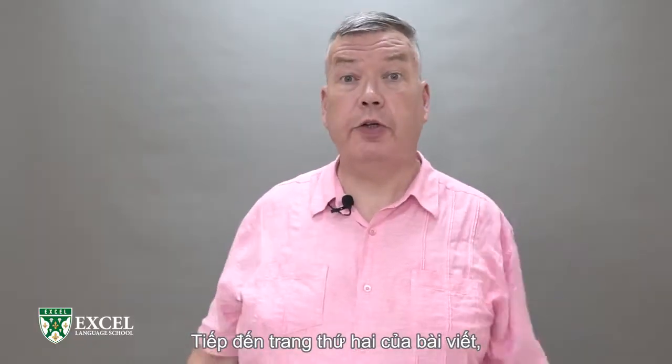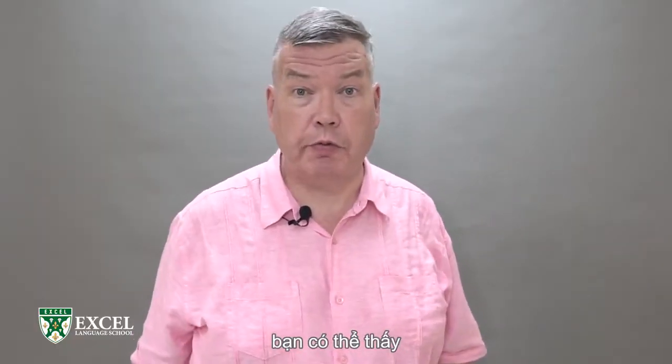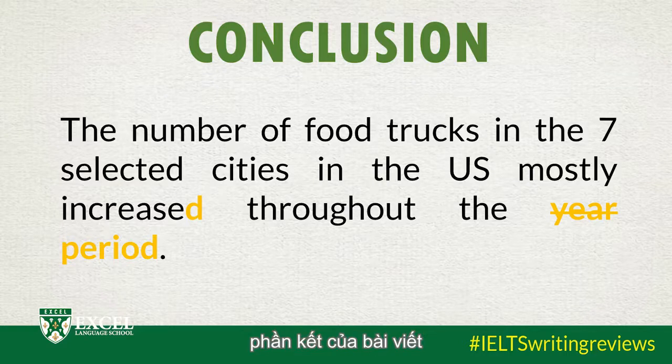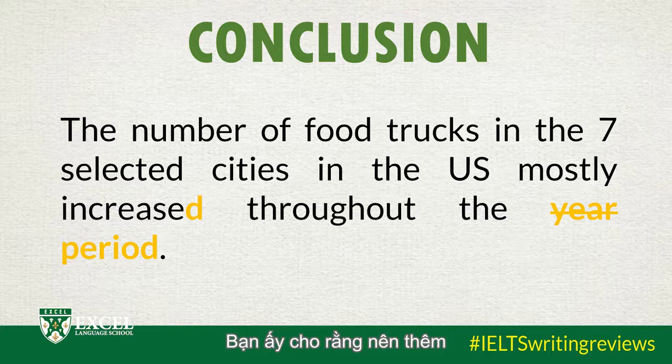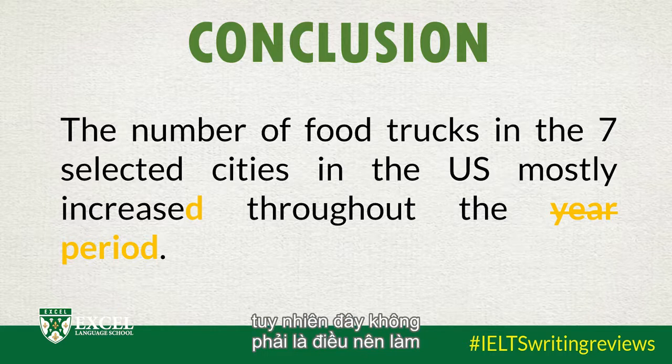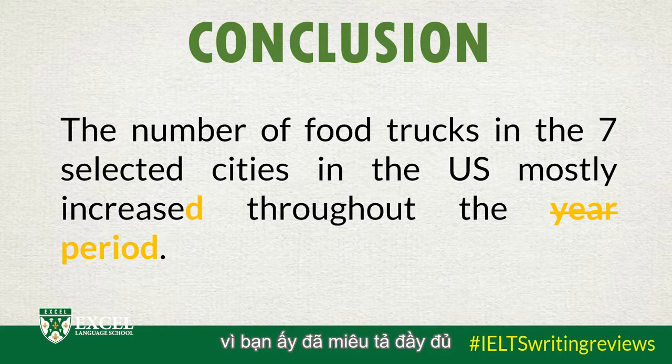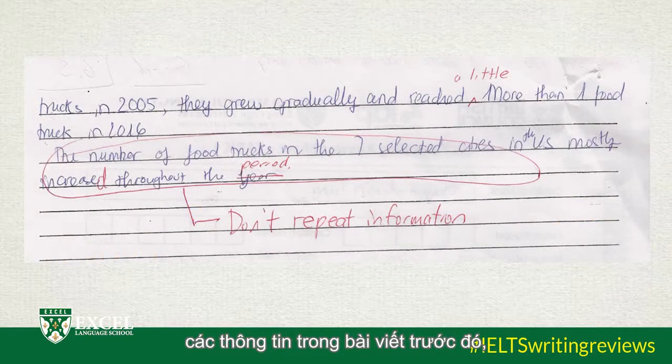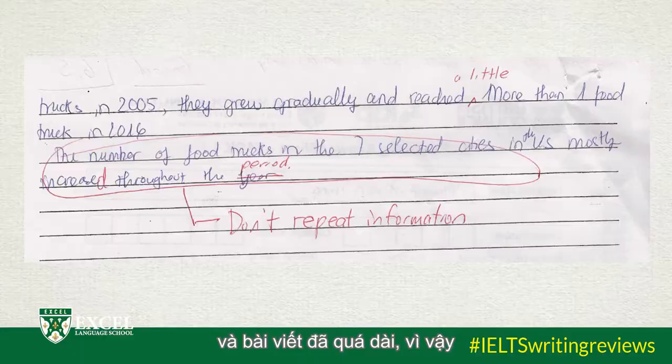Now, moving on to the second page of the student writing, you'll see that the ending of the essay is a little weak. Now, the student felt that she needed to put another summary at the end, which was not really a wise decision because the student had already adequately summarized the data before, and the essay is already too long.